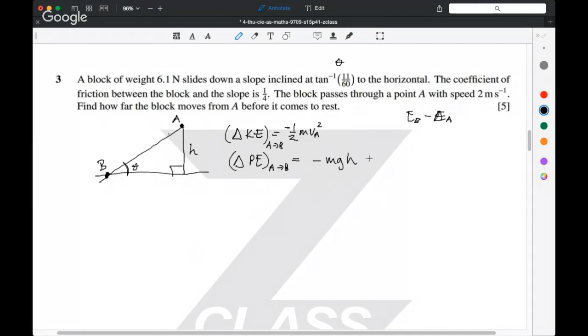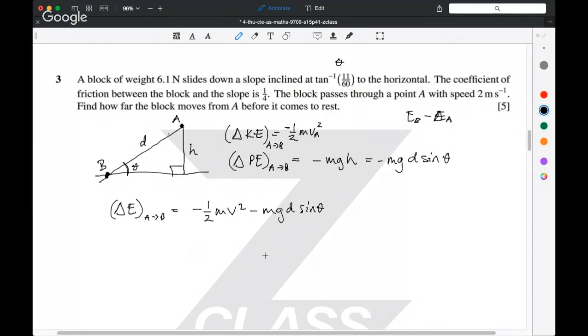So that's going to be minus mg, and then say this is d, mg d sine of theta. So the total energy, the change in energy, as you're going from A to B, is equal to minus 1/2 mv squared minus mg d sine theta.